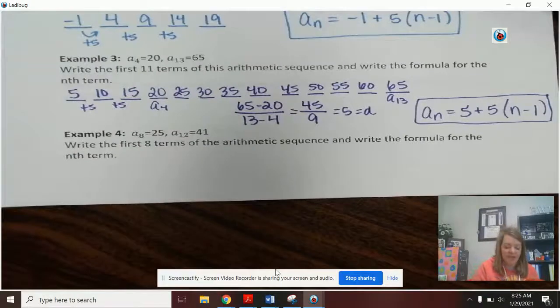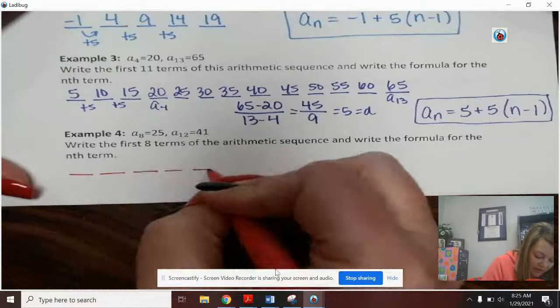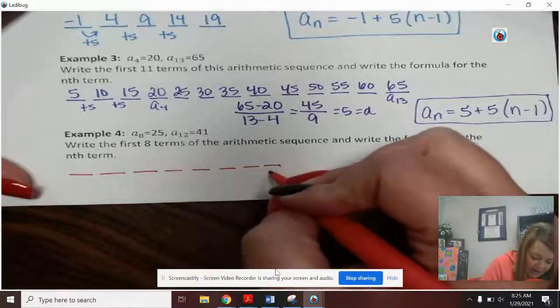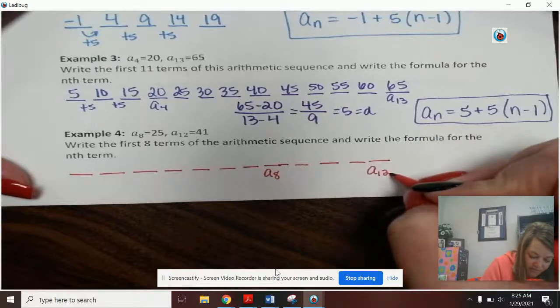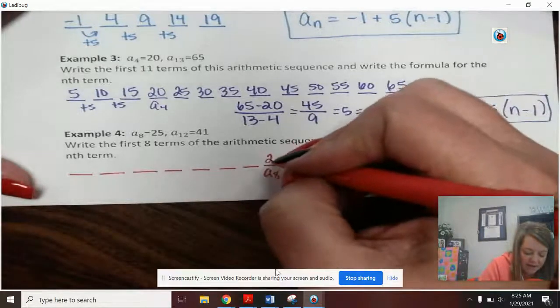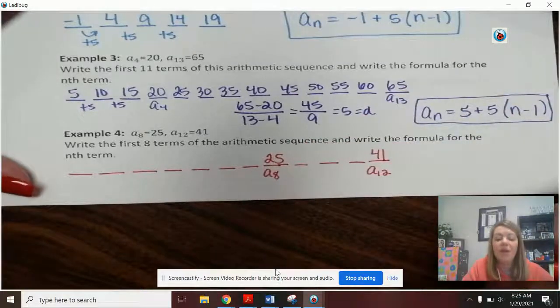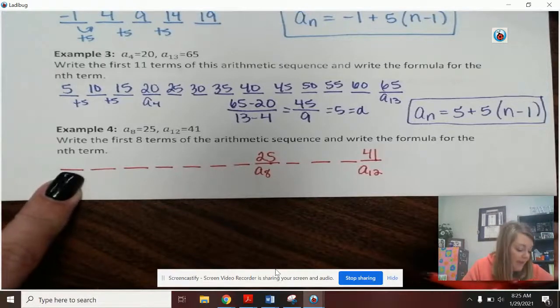We're supposed to write the first 8 terms of the sequence and write the formula for the nth term. So I'm going to write the first 8 terms, but I'm given up to 12. So 1, 2, 3, 4, 5, 6, 7, 8, 9, 10, 11, 12. A sub 12 is 41, and a sub 8 is 25. Okay, so I don't know my first term, and I don't know my d, so I've got to find that real quick.